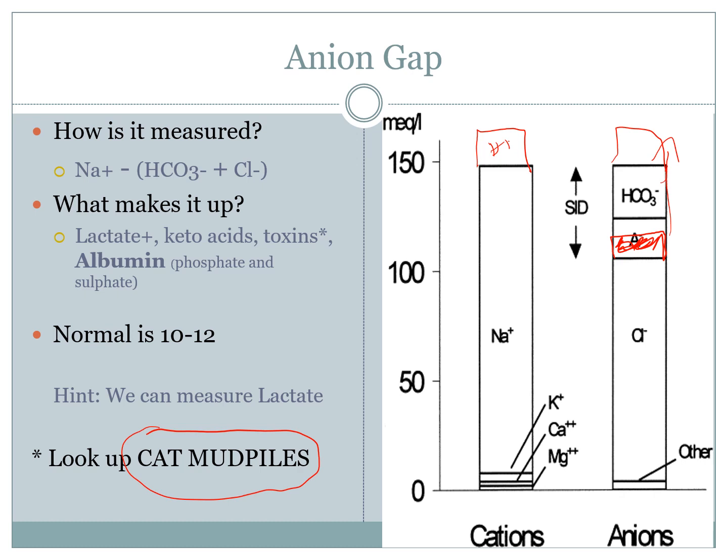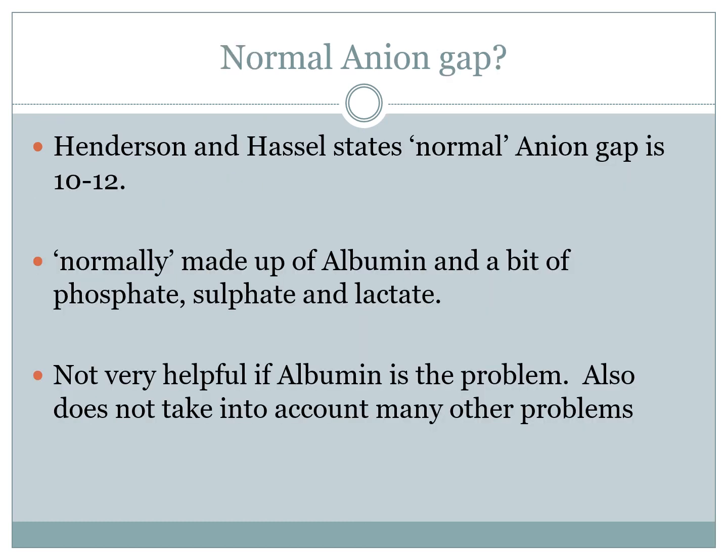Now, they tell us that a normal anion gap is between 10 and 12. Now, what you need to understand is this measurement for anion gap is Henderson-Hasselbalch equations, things like that. It was made before we were able to measure lactate and albumin, and before we understood what the strong ion difference is.